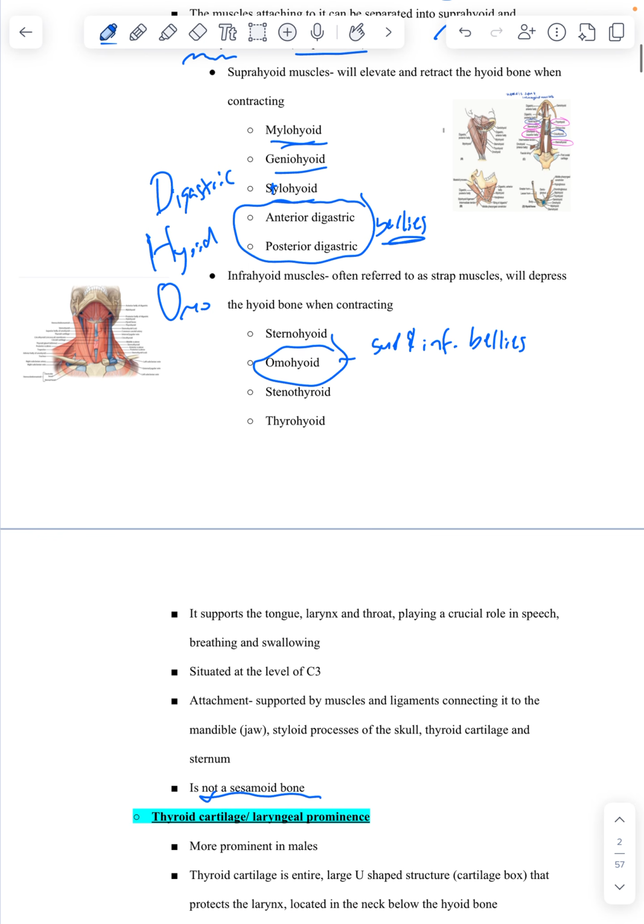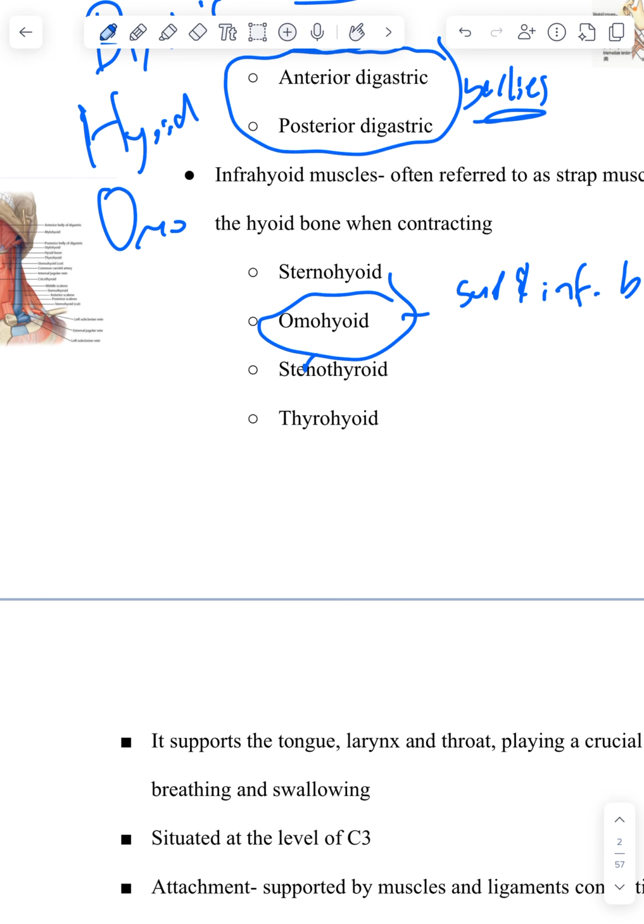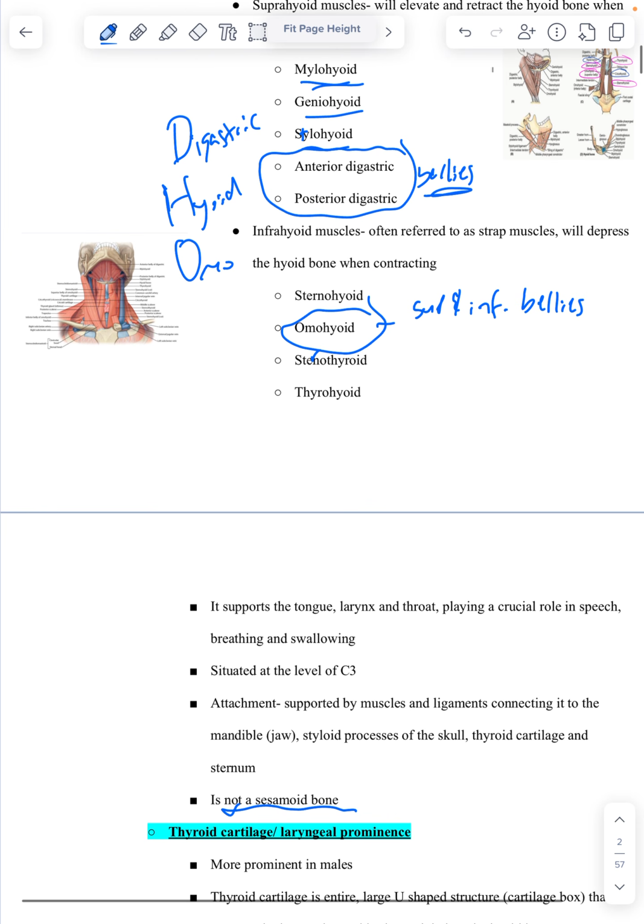Now for infrahyoid, so this is below the hyoid. These are nice because their names give you the connection from bottom to top. So this should be sternothyroid. Sternum to thyroid is sternothyroid. So this is our sternum, this is our thyroid, and this is our hyoid.